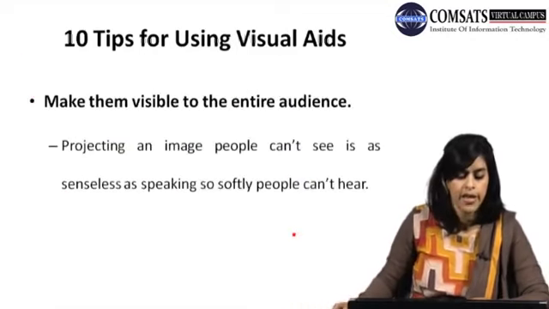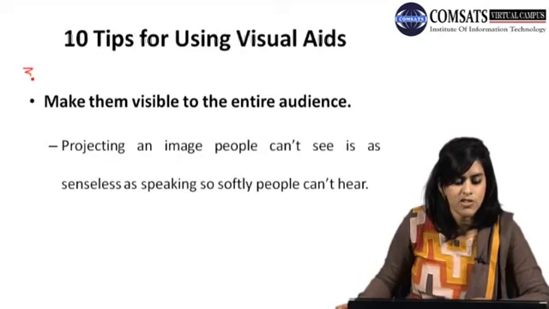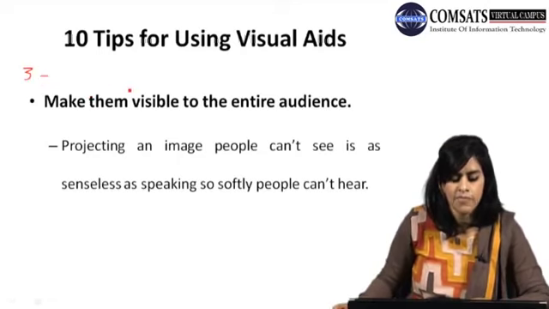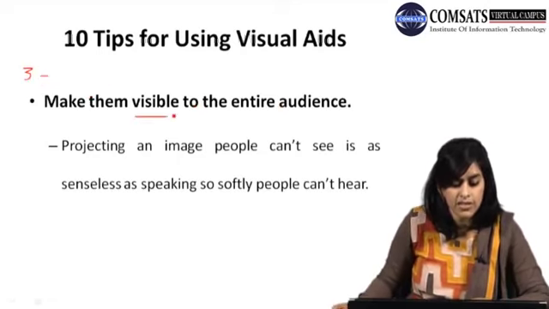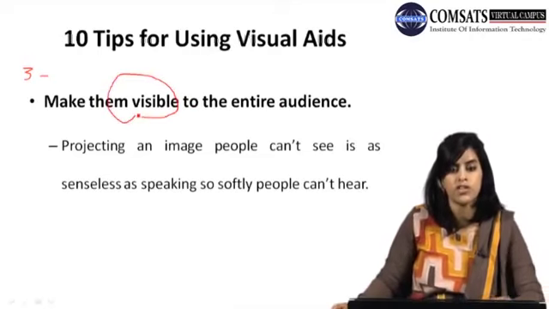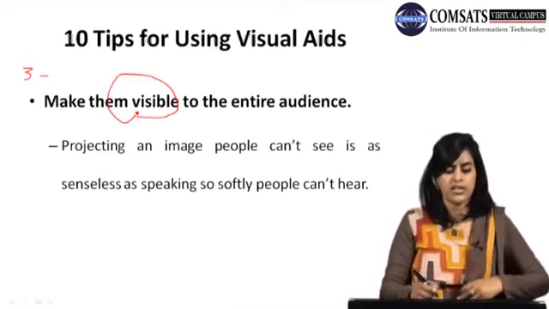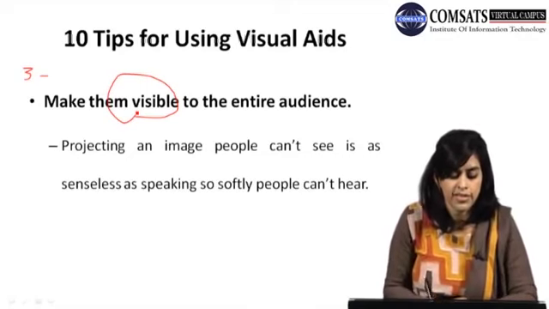So they can either support or highlight your point, whatever you want to make about the topic of your presentation. Now tip number 3 is to make them visible to the entire audience. Now this visibility is very important once you talk in terms of using these visual aids for your audiences.